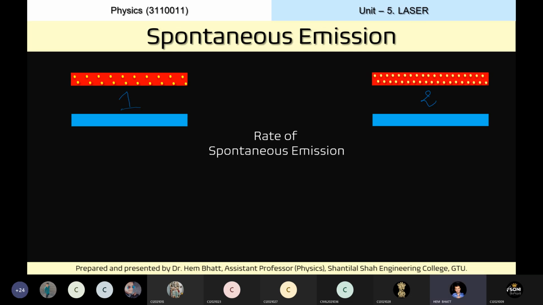The rate of spontaneous emission depends on how many atoms you have in the excited state. And its symbol is N2. The number of atoms in excited state is denoted by N2. So I can say that R2 is proportional to N2.